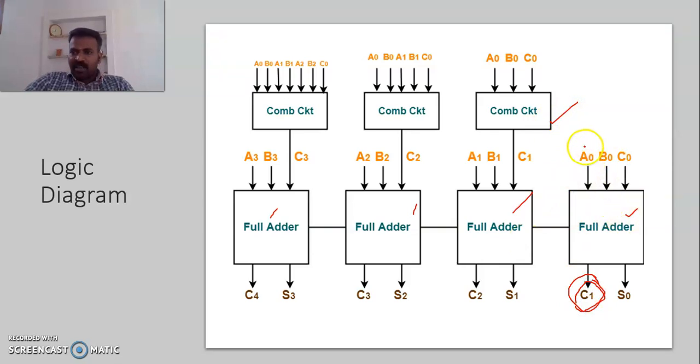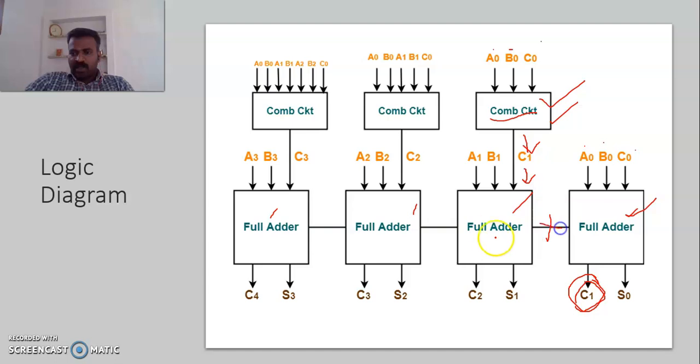The same A0, B0, C0 is given as input to one combinational circuit. This combinational circuit will produce one output, that is C1. When this full adder is performing the operation, at the same time this circuit is also performing the operation. This circuit will produce the output, and that output comes to this full adder as a carry input.